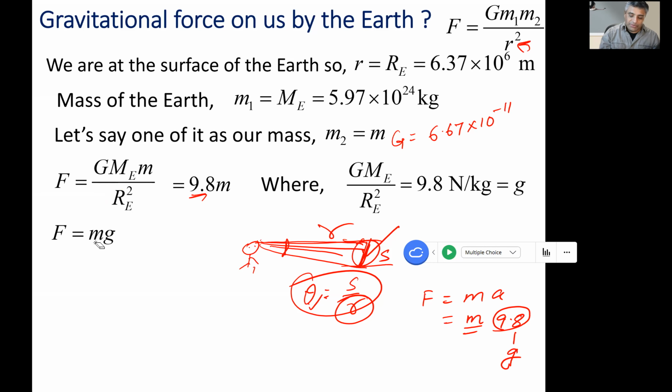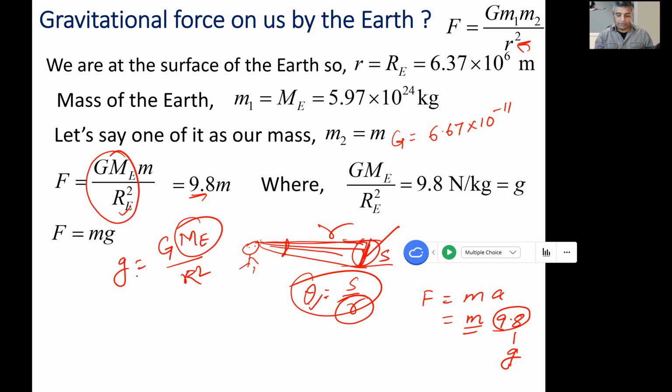So somehow if you can measure the radius, then what you can do is, this g here is this. g is G M_E over R squared, where R is the radius of the Earth, okay? Now you can rearrange this equation and solve for mass.